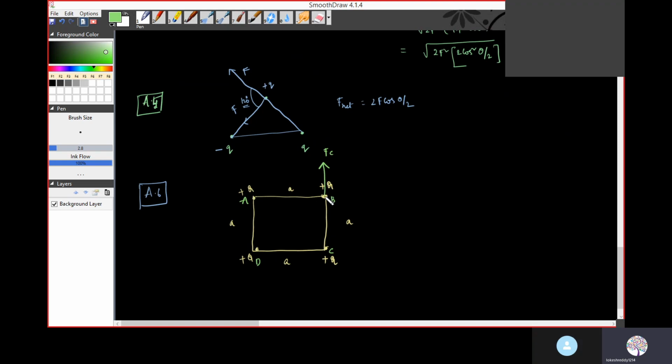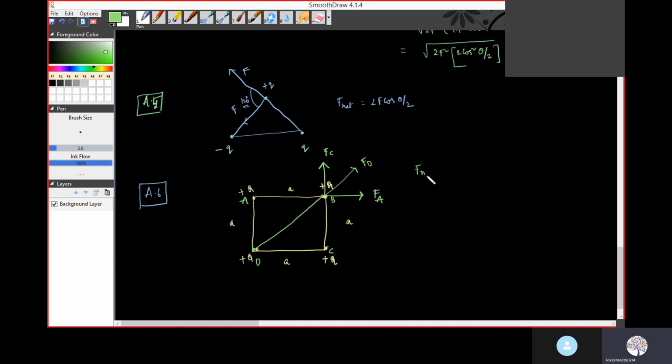This A will push it in this direction because it is positive. So this is FA. Then this D will push this one in this direction. That is FD. Now you have to add them vectorially.